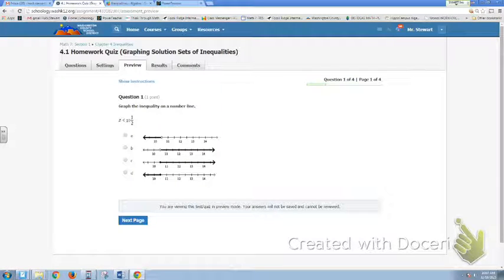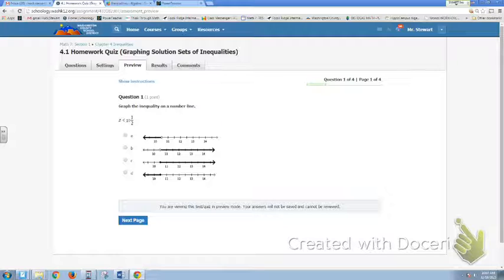Okay, so the thing you need to remember about inequalities is that they contain solution sets, not just a single solution. So Z is representing a group of numbers that would be less than 10.5.